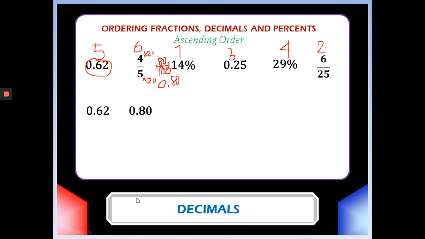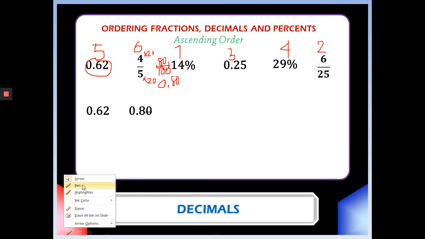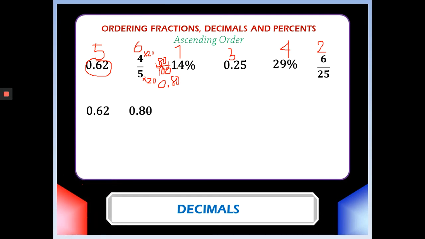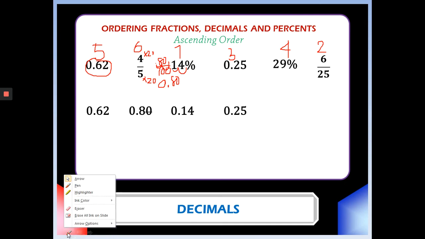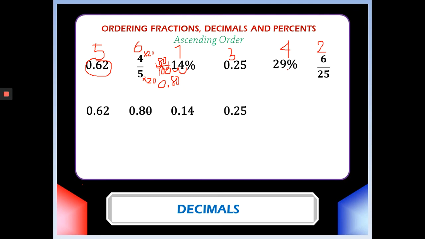Now let's try with 14%. To make this into decimal, you just move the decimal point to the left 2 times. So that is 0.14. And this one, it's already a decimal, so you don't have to do anything on that. 29%, move the decimal point to the left again. So it's 0.29.